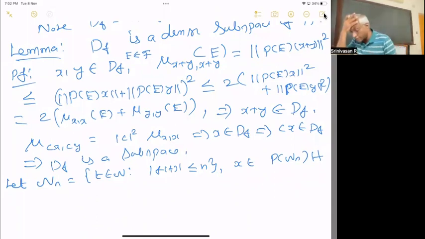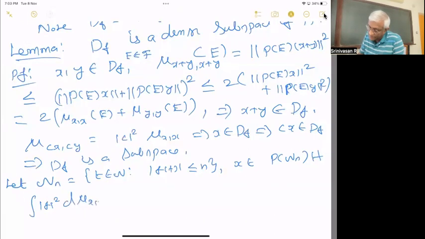Now what do we want to prove? We want to consider the integral of mod f square d mu xx over omega.